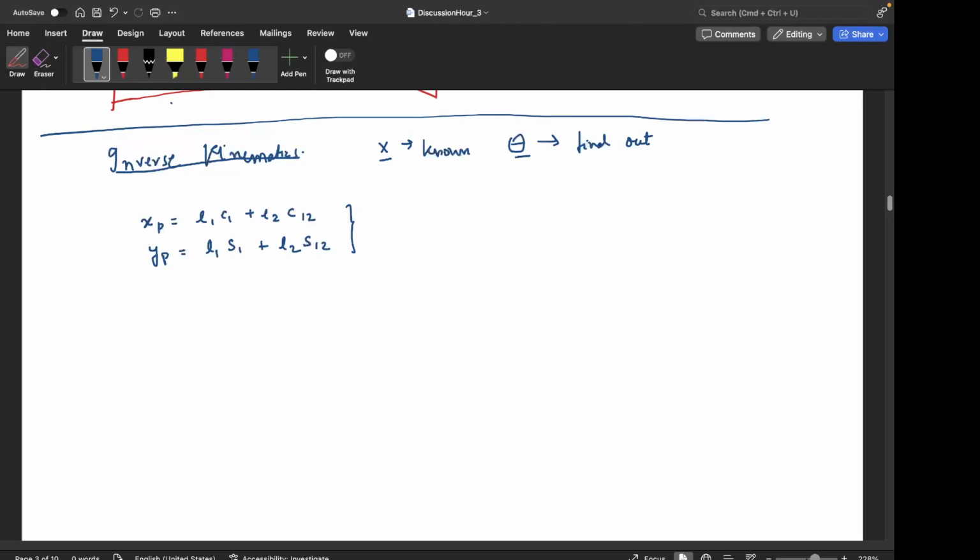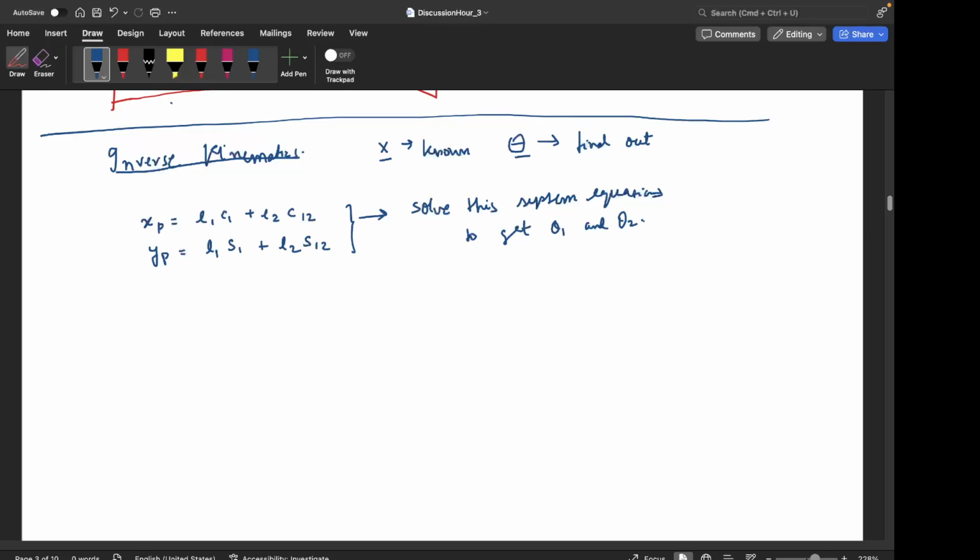So basically we have to solve this system of equations to get theta 1 and theta 2.